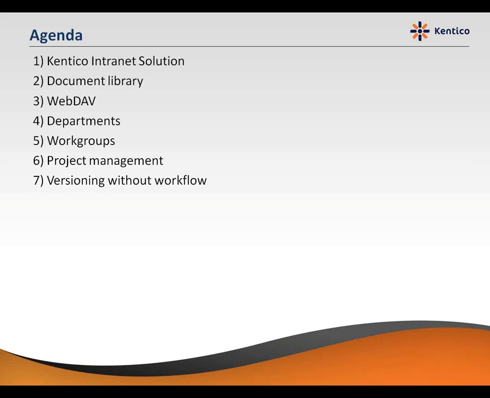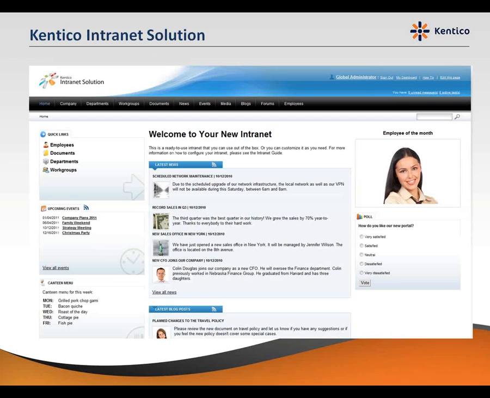So if you look at the intranet solution, what we provide you with the new version is a whole new sample site, but this sample site is different from the standard sample sites. This is a ready-to-use solution. You can install this intranet solution, just change some data, match it to your company infrastructure and your needs, and you can use this website as a ready solution for your intranet.